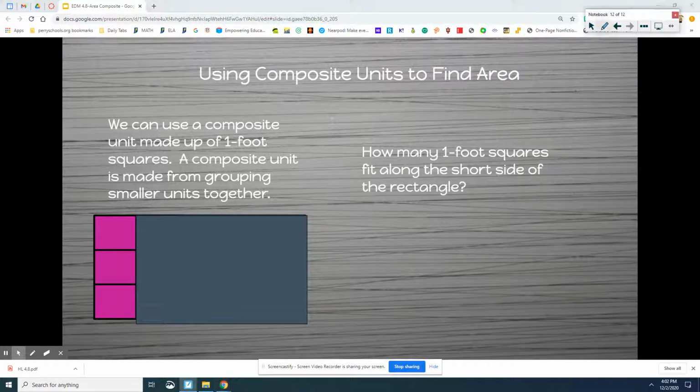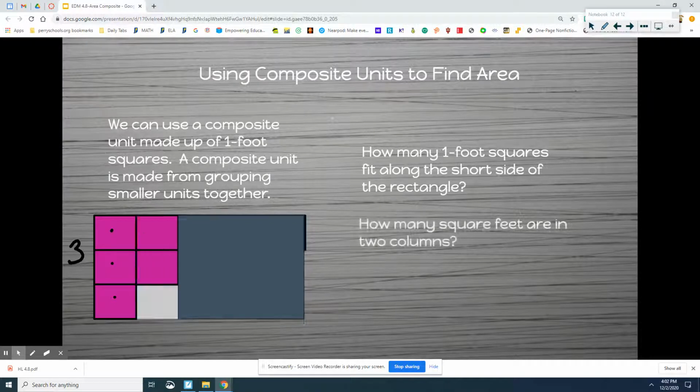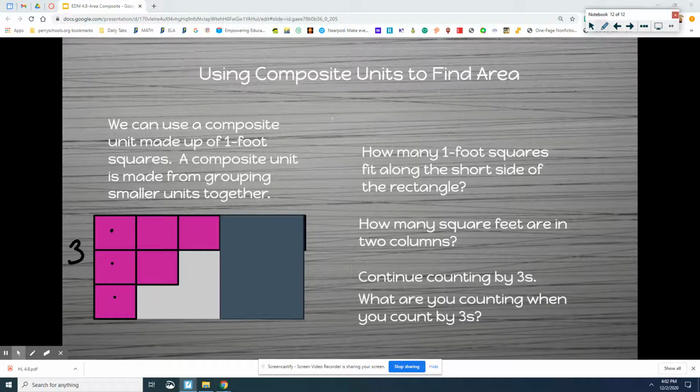So along the short side, I know that I have 1, 2, 3. So there's 3 there. But I don't want to know just the short side. I want to know how many are in 2 columns. So I know that this is 3. It's going to help me to know that this is 3 as well.